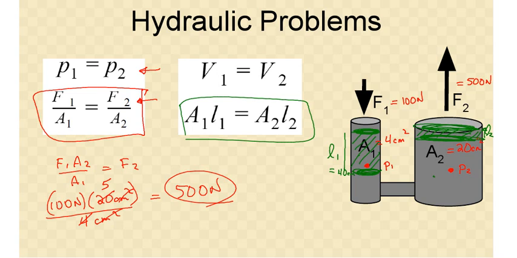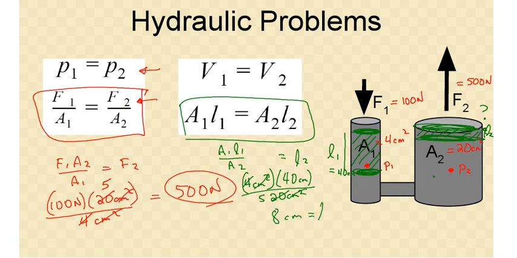I push it down 40 centimeters. How far up does it go over here? All we've got to do is solve for L2. That would be A1L1 divided by A2. So there I've got 4 square centimeters times its distance, 40 centimeters, and then I'm dividing by 20 square centimeters. The square centimeters cancel out. 4 goes into 20 5 times, and 40 divided by 5 would be 8 centimeters.